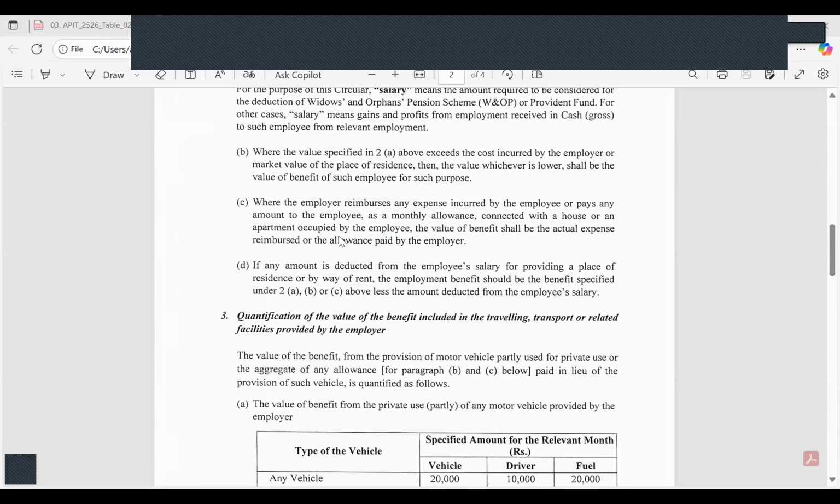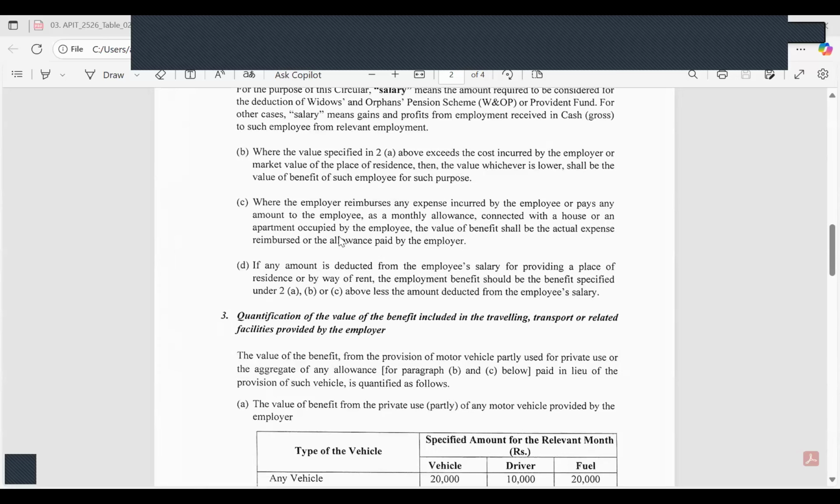Sometimes the employer asks the employee to find a good house for himself and instructs him to claim that rent from the employer. That means the employee pays rental to the landlord, but the employer reimburses that amount.